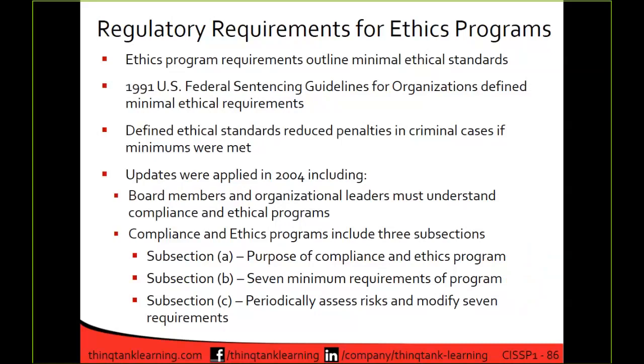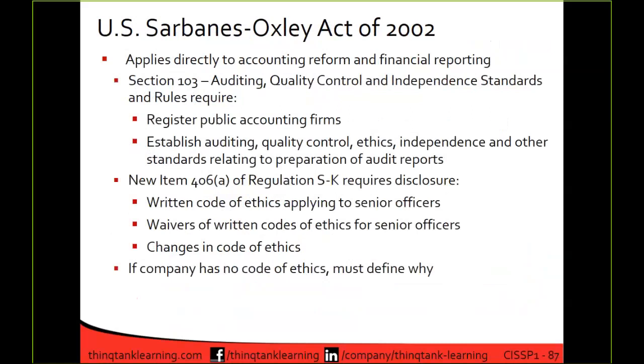But for now, we're going to move on and talk about some principles and guidelines that address ethics in business operations. Sarbanes-Oxley Act, SOX, of 2002, so it was 2002, I got that right, applies directly to accounting reform.